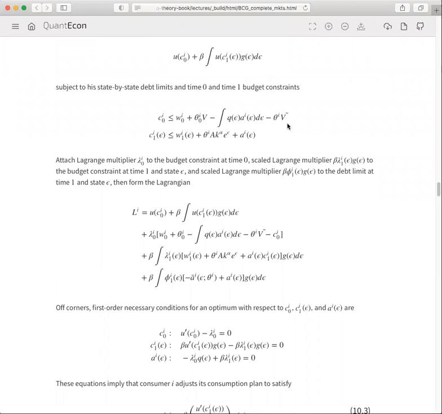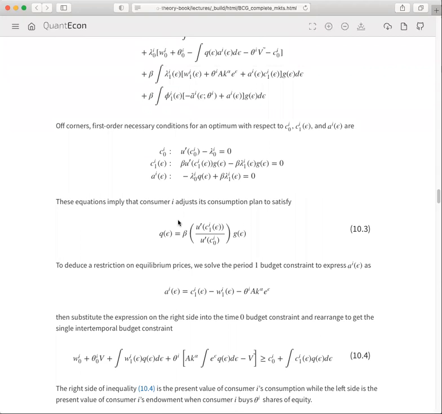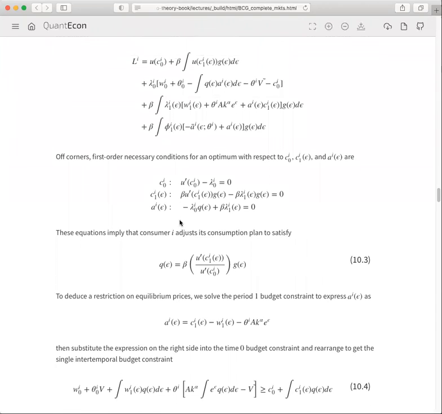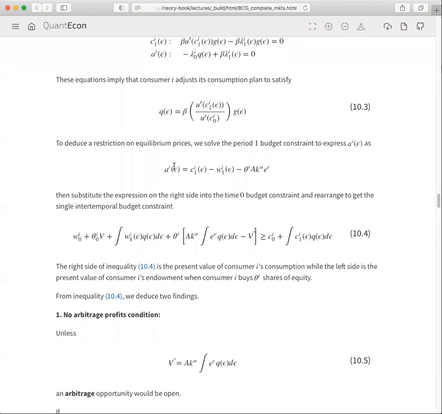See, here we have a budget constraint for each date, essentially. Well, I'm going to solve the budget constraint in date 1 for Arrow securities, purchase of Arrow securities, and I'm going to substitute that into the time 0 budget constraint and rearrange.